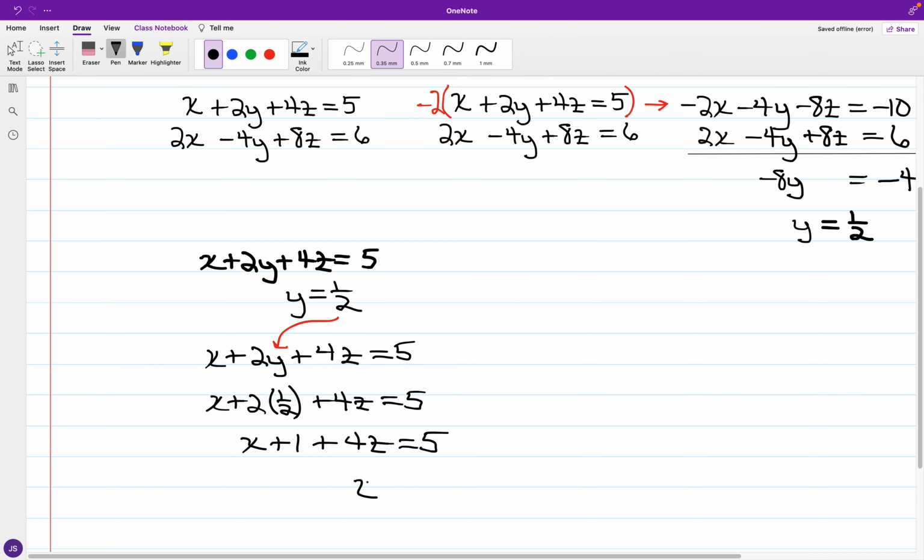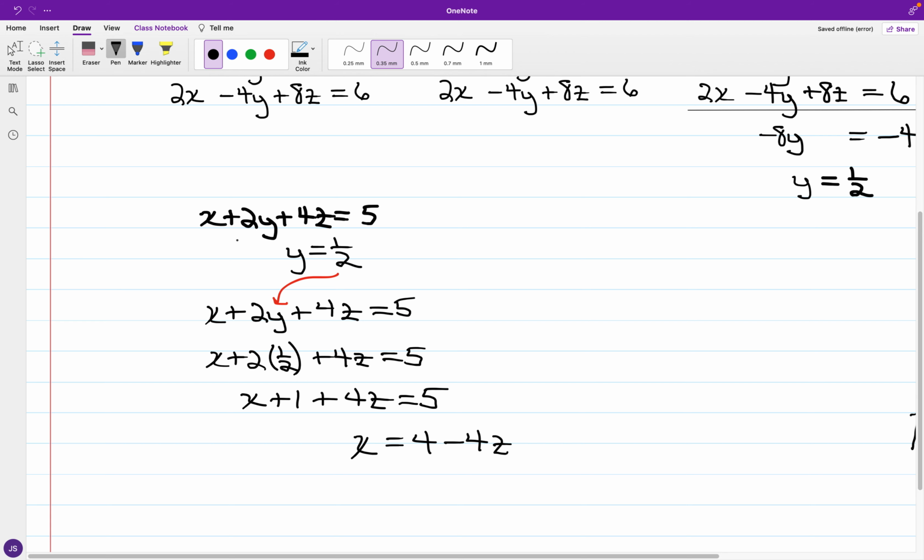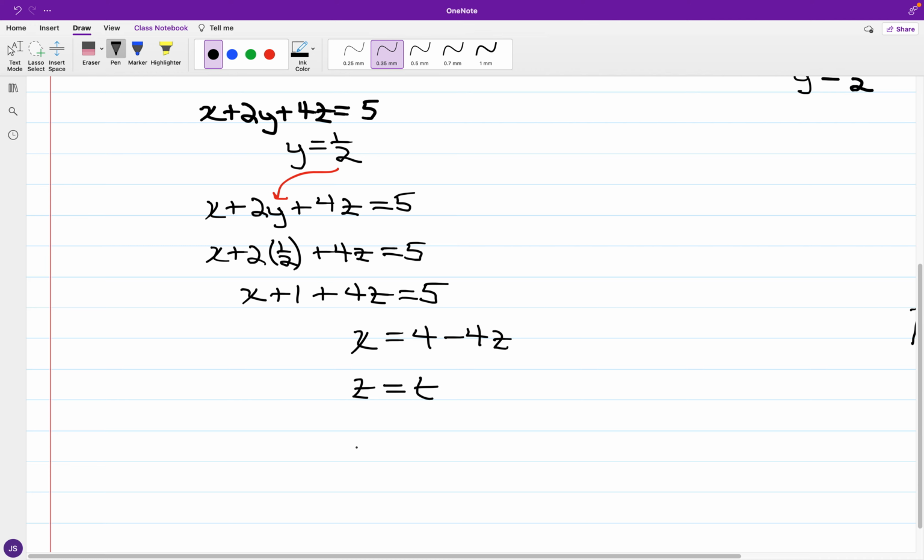And if I get x by itself, we have 5 minus 1 becomes 4, minus 4z, and guess what? Outside of manipulating the x term, I have x isolated, y is already at 1/2, and I've used up my equations. So we have with z, that z is equal to t. So if z is equal to t, we have that x is equal to 4 minus 4z, which in this case is going to end up at 4 minus 4t.